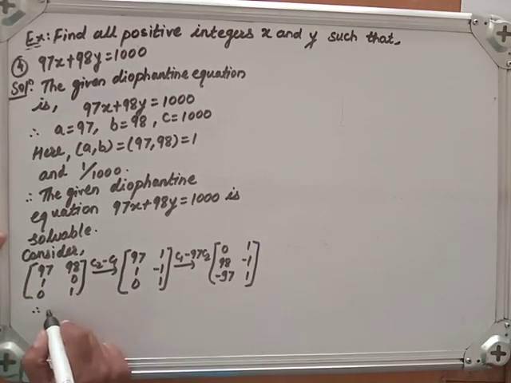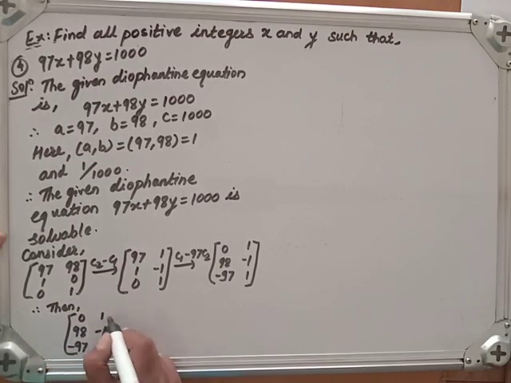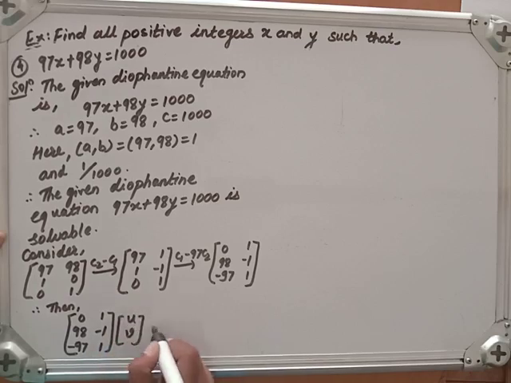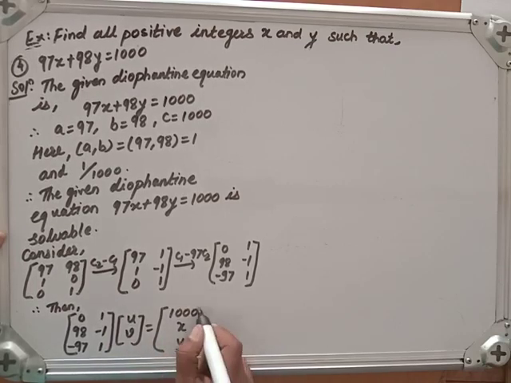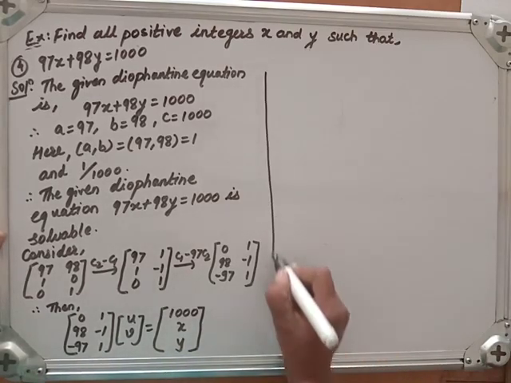Again consider the system 0, 1, 98 minus 1 and minus 97, 1 into (u, v) equal to 1000, times x and y. This is the system we have to consider.